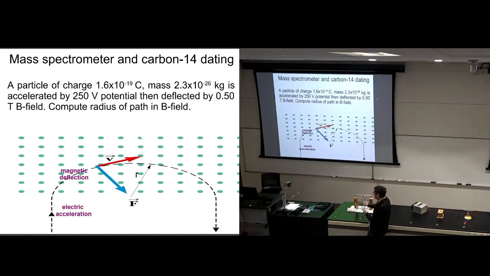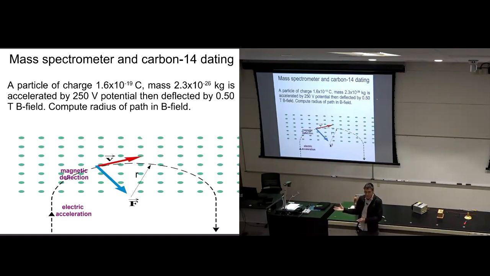But that's needless background. Here's the mass. We're told that we're going to accelerate this charged particle by a potential difference of 250 volts. We're going to then deflect it in a 0.5 Tesla magnetic field, and we've got to calculate the radius of the magnetic orbit of this carbon-14 particle with this particular charge to mass ratio.